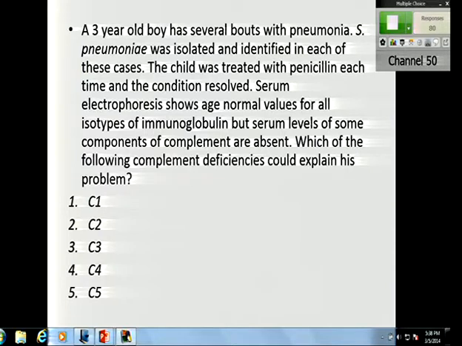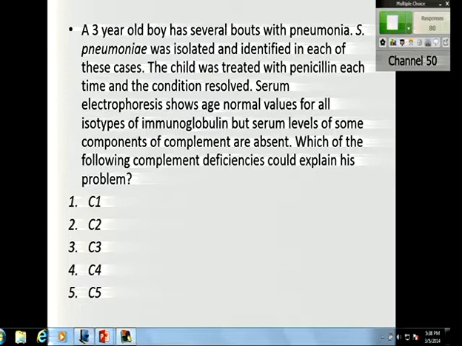If it's a case of mannose binding lectin, when it reaches 3, it stops. So when you're faced with a question like this, remember that C3 is the most crucial component of the complement. If C3 is defective, all three pathways will stop. There will be no complement activation. It may be activated, but it comes to a standstill. The cascade is not completed.